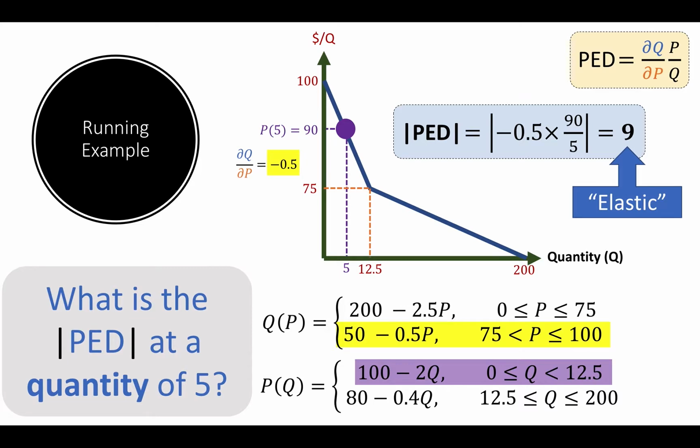And you might say, well, why is it more elastic? Well, one reason is that the price is so large that the same unit price change is always going to be a small percentage price change, and the quantity is so small that even if you get a couple units difference, you're going to have a major percent change in quantity. So that 90 divided by 5 is enough that it's driving this.